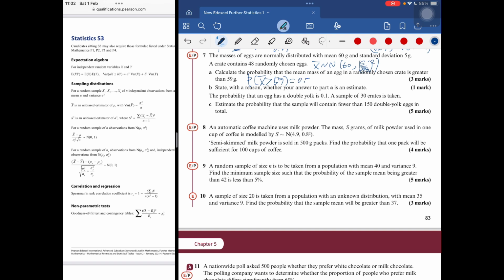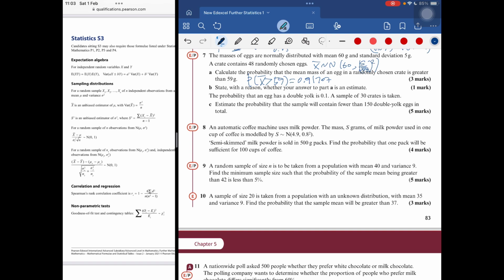So 0.91707. State with a reason whether your answer is an estimate. This could be estimated, but because we found the sample is from a normal distribution, the population follows a normal distribution, so this is not an estimation.